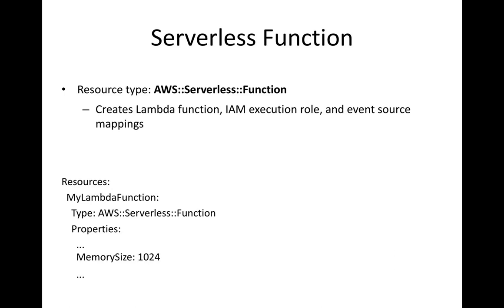You can see an example of the serverless function below. And here we're setting up a resource called my Lambda function. It's a serverless function, and we are specifying a set of properties. Here you see just one property listed, which is the memory size. Now, this isn't a complete working example of a serverless function.